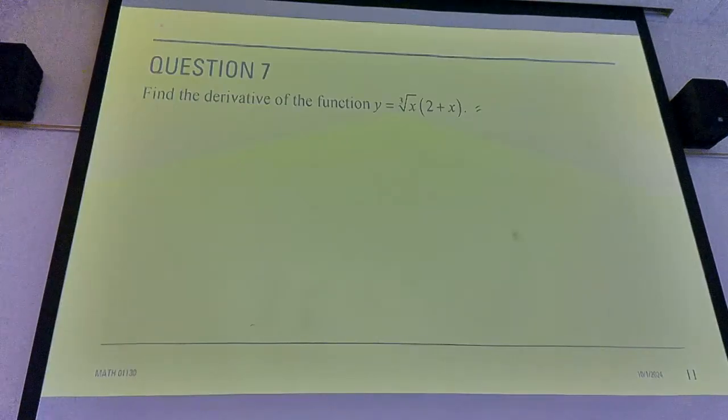I'm also gonna make life easy and write fractional exponents. Cube root of x is the same as x to the 1/3.